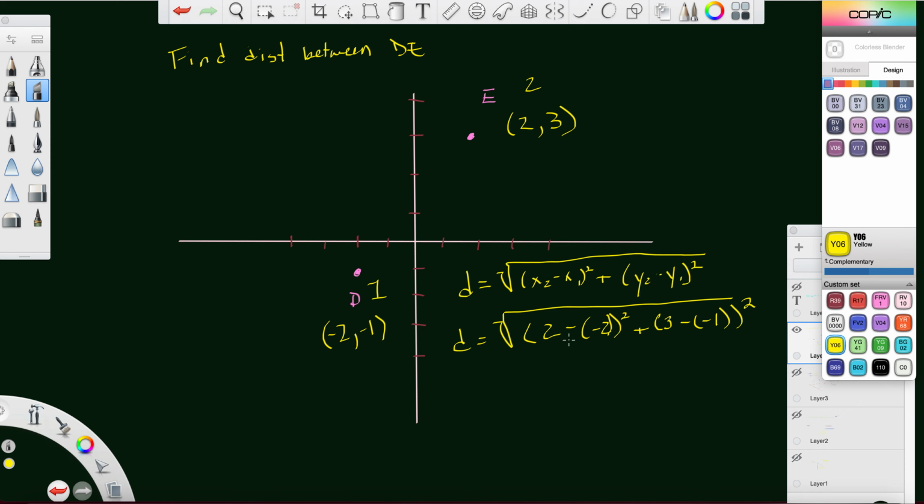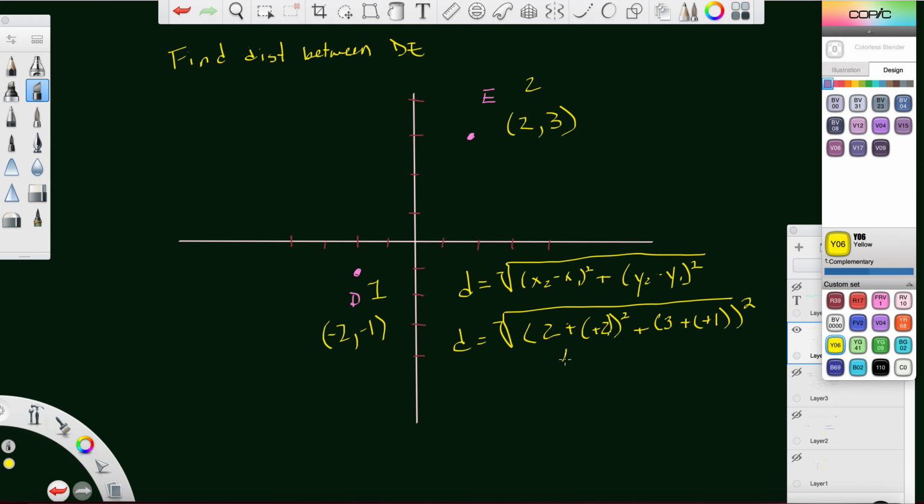And subtracting a negative, we remember, is like adding a positive, right? So keep, change, and keep, change. There are other ways to talk about it, but I'll remind you in class.